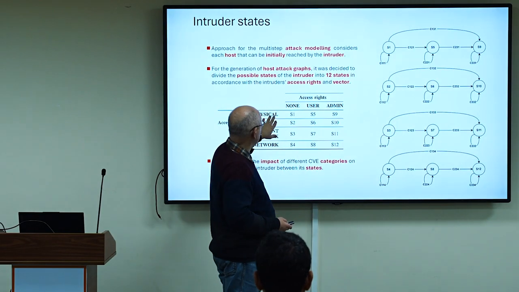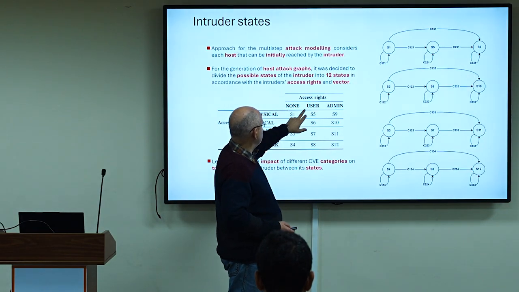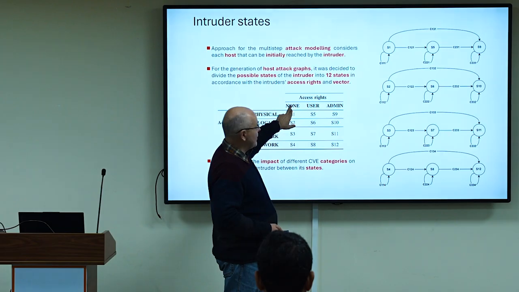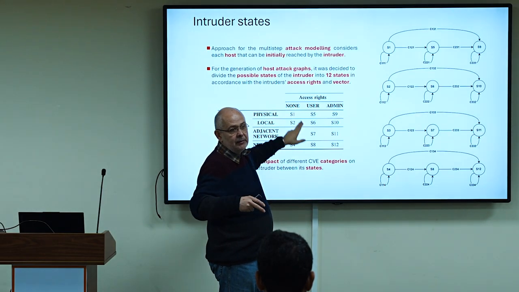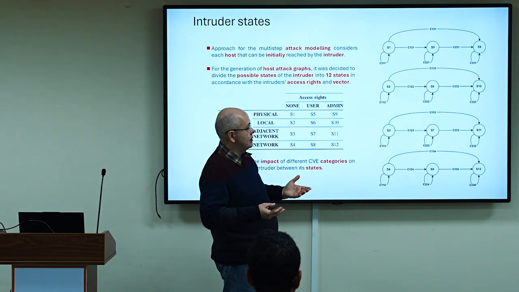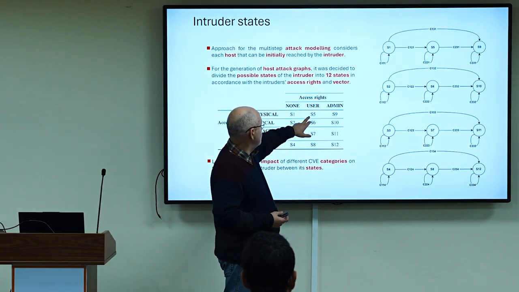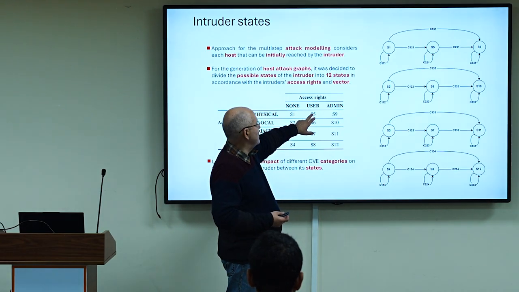So this action goes from physical none to physical user access right. Now there are no access rights, but by enlarging privileges, for example by installing some software and getting usual privileges, we go to this state.